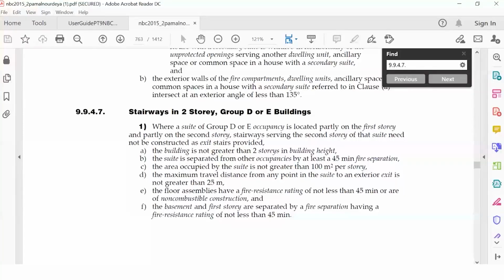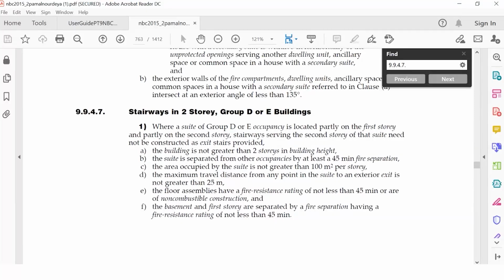If it's occupied on the second story and the first story, whether there is separation or not depends on the table that we looked at today in terms of fire separation requirements for floors in group D and group E occupancies.